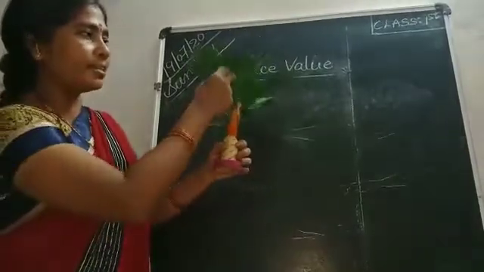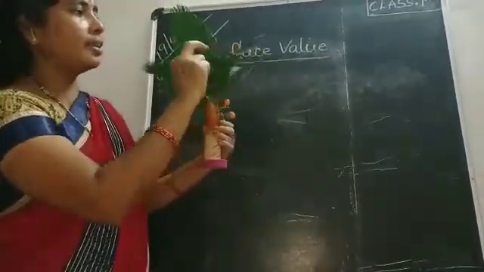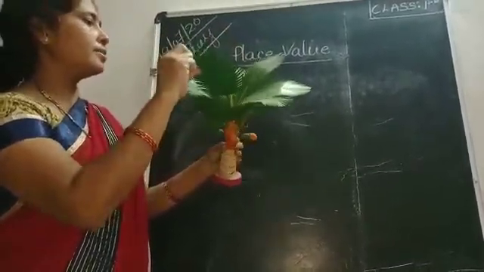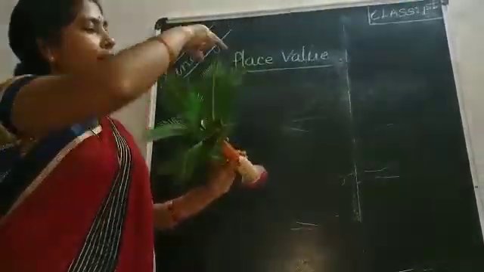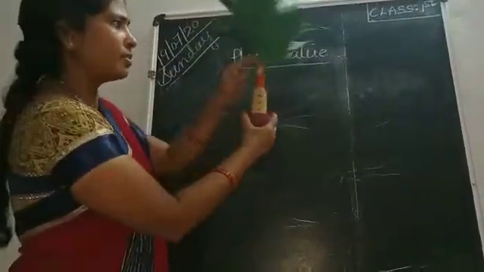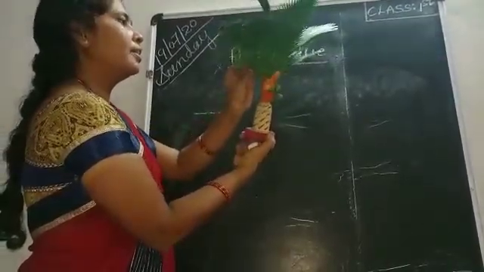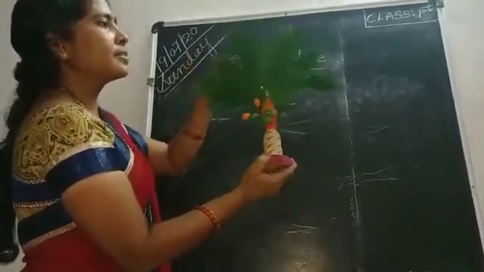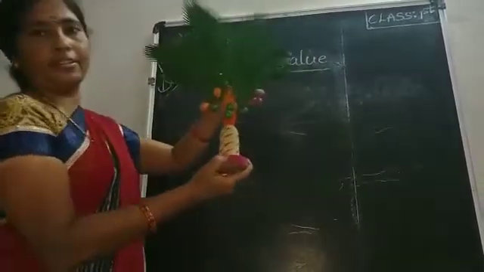How many leaves are there? See first. 1, 2, 3, 4, 5, 6, 7, 8, 9 and 10. Again, check once. 1, 2, 3, 4, 5, 6, 7, 8, 9 and 10.